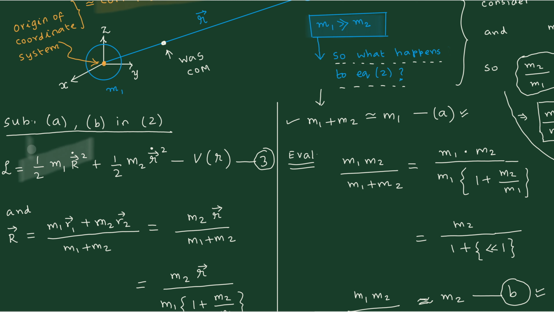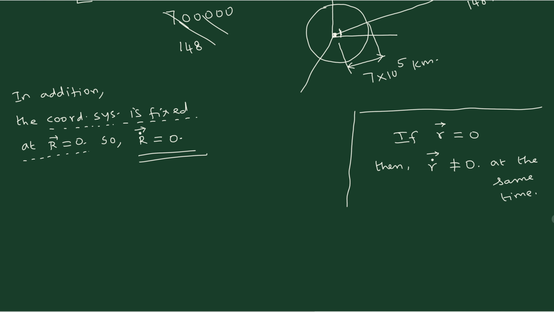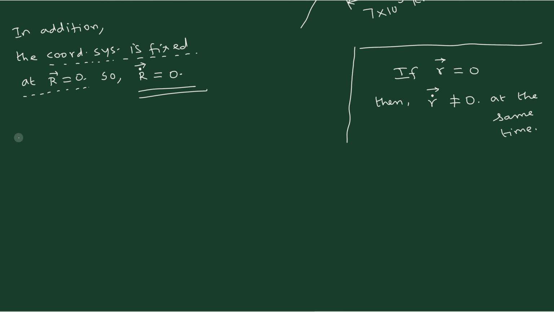So like this you can cut, for example, this particular term goes to 0, and let us therefore write down what is left out. Whatever is left out, that expression we are going to write down. And because of these reasons, ultimately our equation 3 is now getting simplified, and we will write down the Lagrangian of the two-body system, when the center of mass is coinciding with the larger mass, which is the sun.